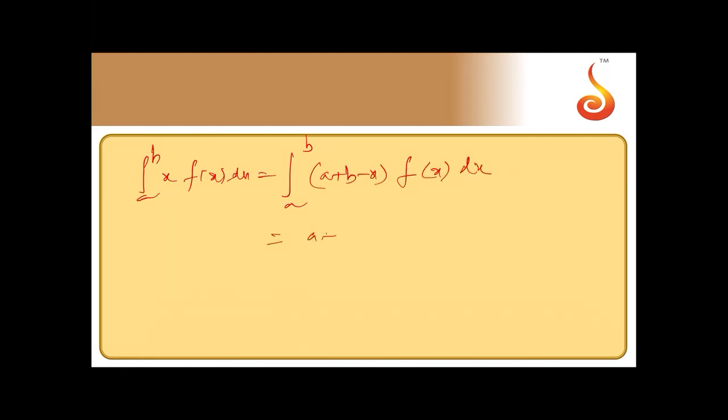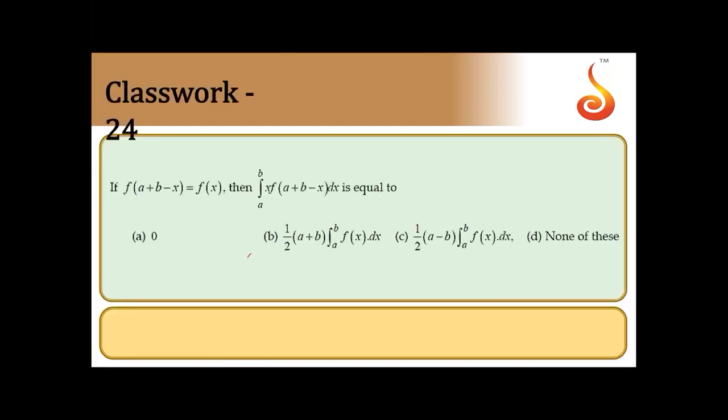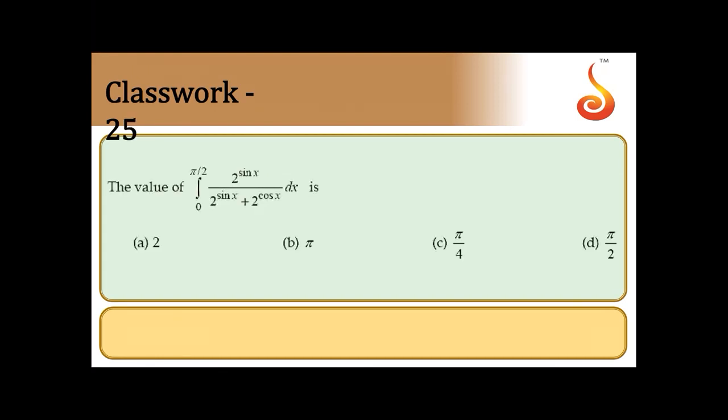And therefore, splitting into parts, it is a plus b integral a to b f of x dx minus I. Of course, this is I, and bring it to the left hand side, 2I is equal to a plus b integral a to b f of x dx. So the answer is a plus b by 2 integral a to b f of x dx.